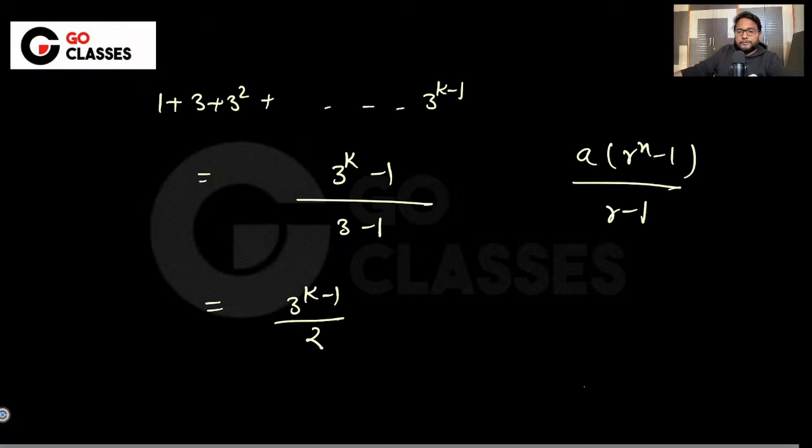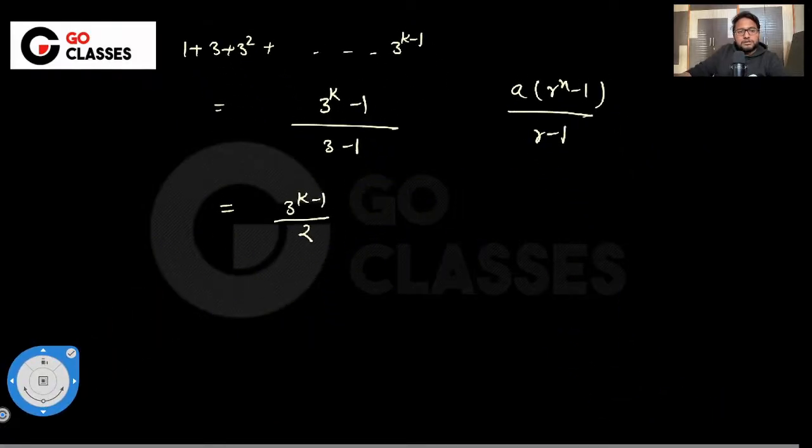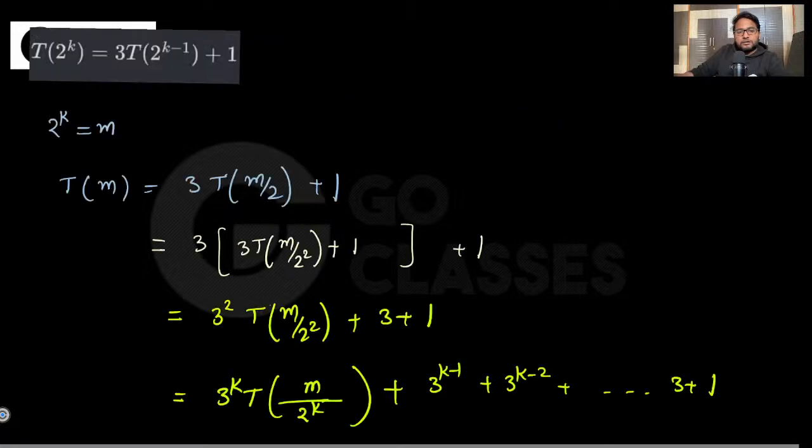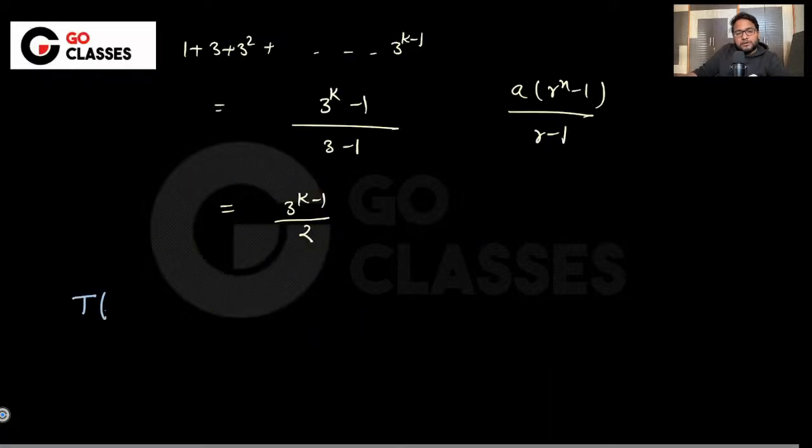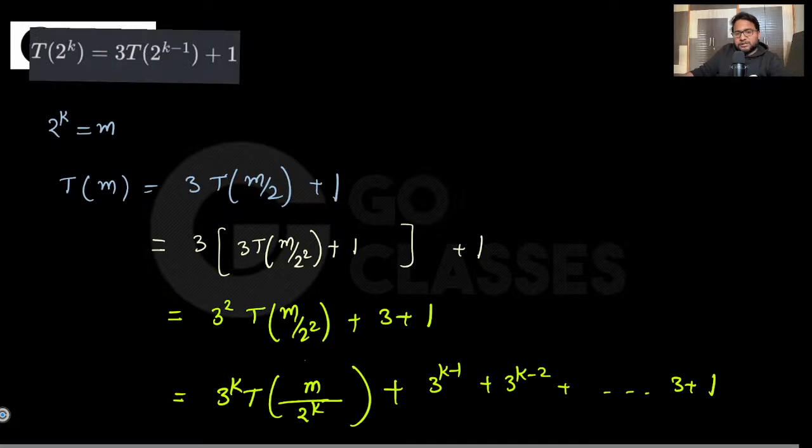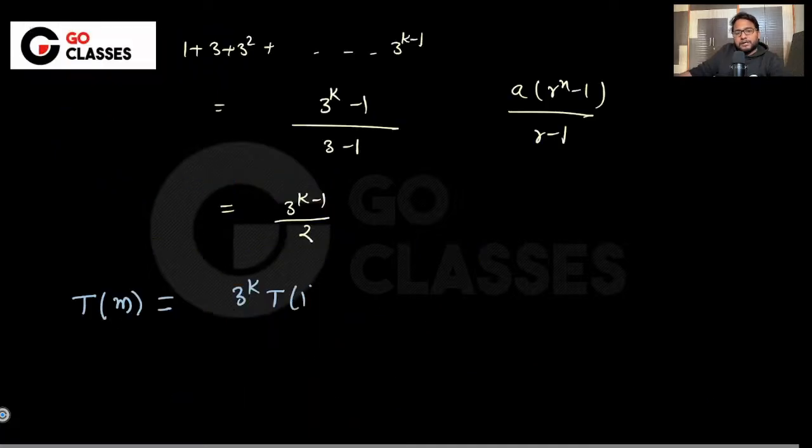So basically you can say T of m is nothing but 3 power k into T of 1, which is anyway 1, plus 3 power k minus 1 divided by 2.